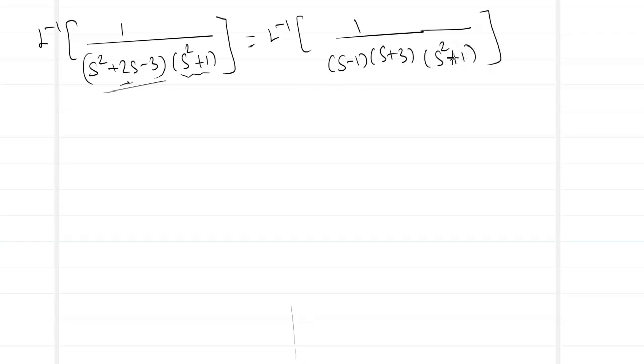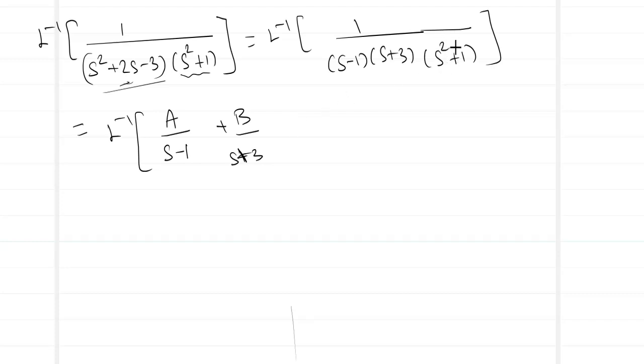So the total power over here in the denominator is 2, 3, 4. So I totally require 4 constants to evaluate this Laplace inverse. So how can I write this? For the independent components, give independent variables like a by s minus 1 plus b by s plus 3. And how about the third quantity? It is s square plus 1, which is non-factorizable in nature.